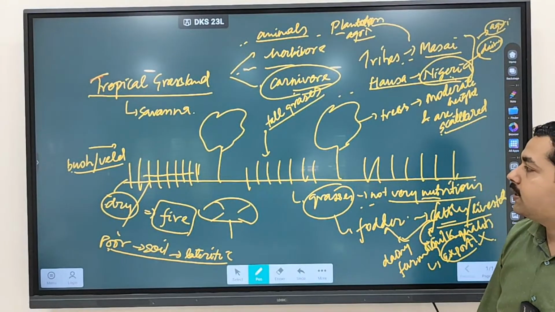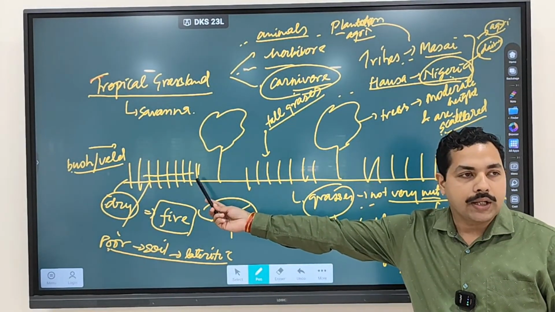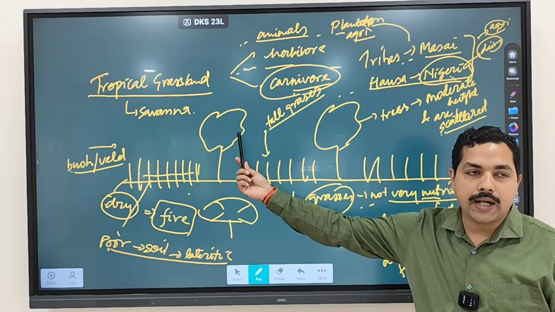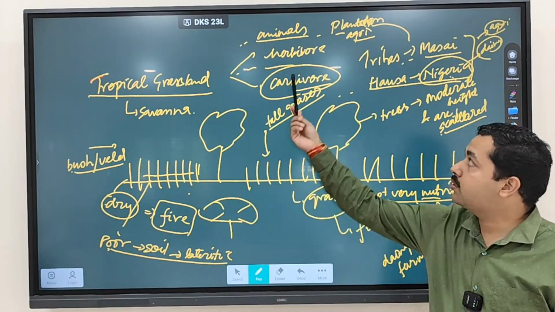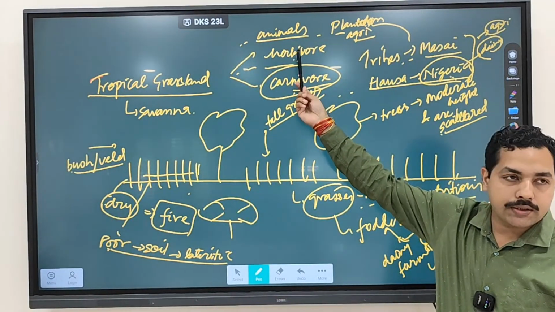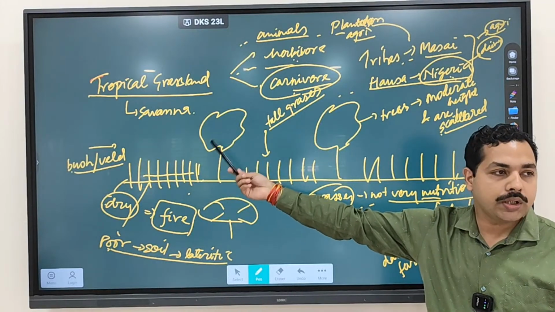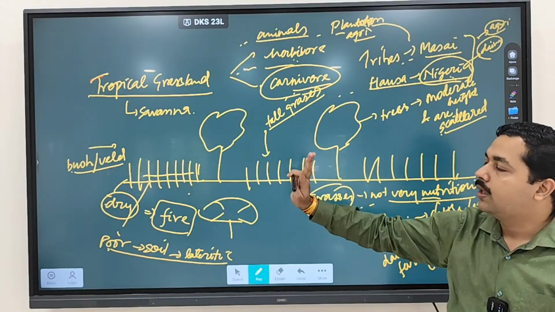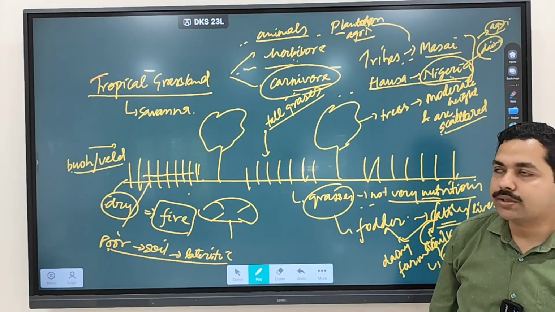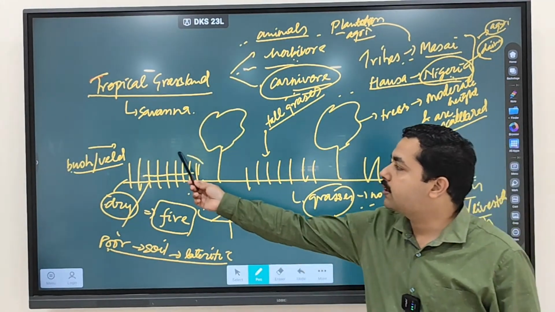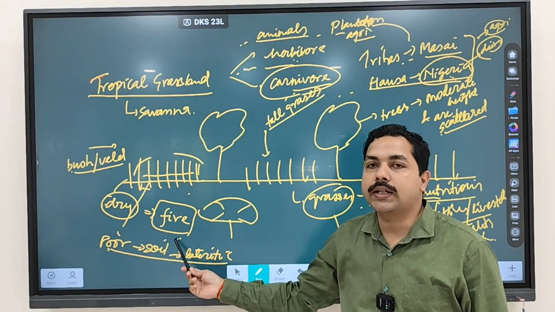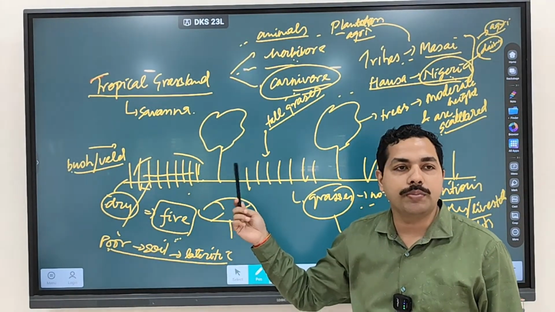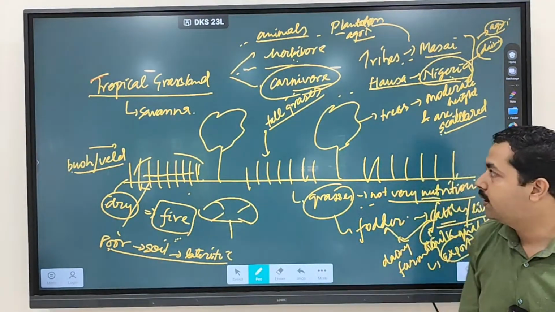So tropical grassland is characterized by tall grasses with scattered trees. These tall grasses allow both herbivores, as you know herbivores eat grasses, and carnivores to survive, so it is known for animal habitation. You'll find these grasses are dry in nature, they easily catch fire, and as a result they don't allow many trees to grow in this region.